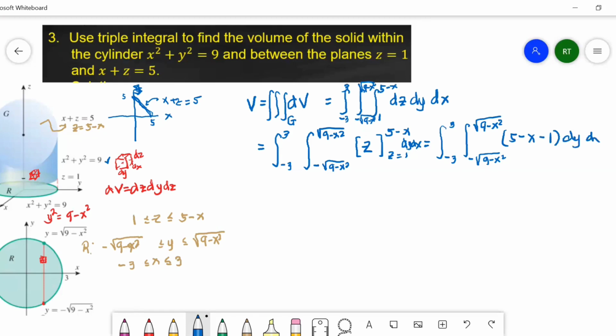So this gives us a double integral, x from negative 3 to 3, y from negative square root of 9 minus x squared to positive square root of 9 minus x squared.